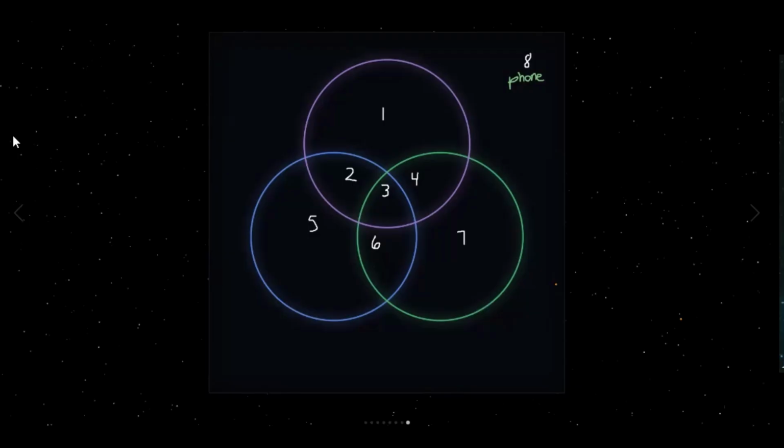Let me replace my labels with just symbols. Let's say my purple square represents S, my blue square represents P, and my green square represents M.